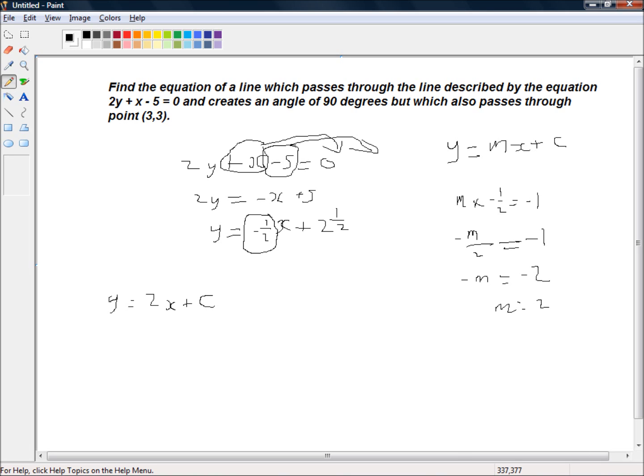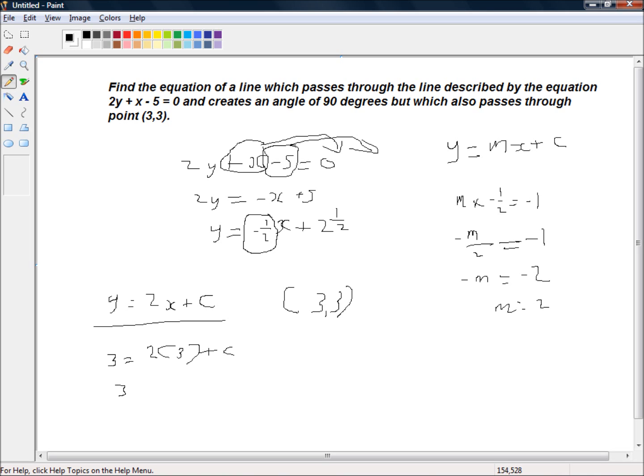So now we're told that this line here passes through the point 3, 3. So if we put x equals 3, y equals 3 into the equation, we've got 3 is equal to 2 times 3 plus c.